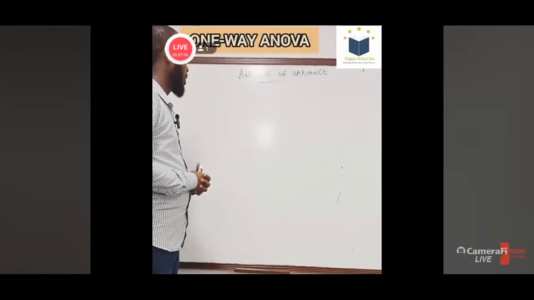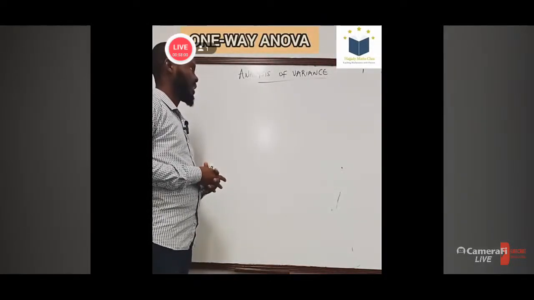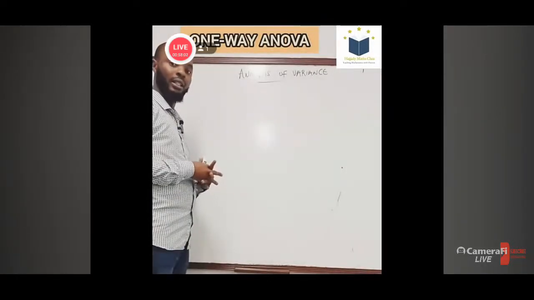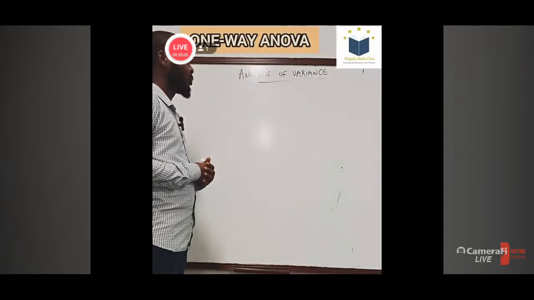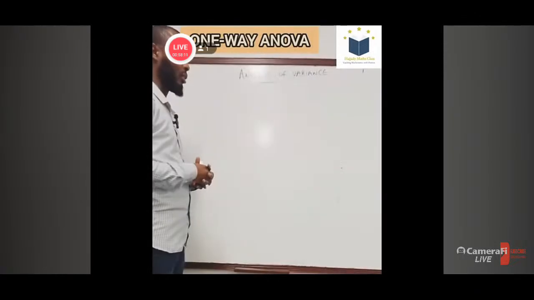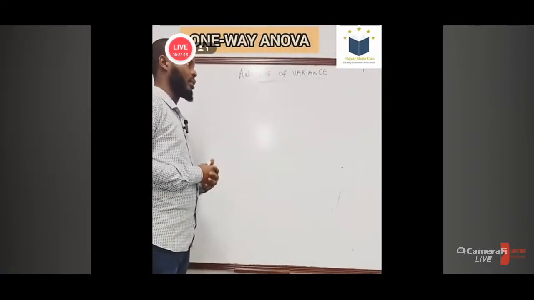Hello viewers, welcome to my class. Today we are going to work on the analysis of variance, known as the ANOVA. So I'm going to put you through the basic model of the analysis of variance and also the decomposition of the sum of squares.